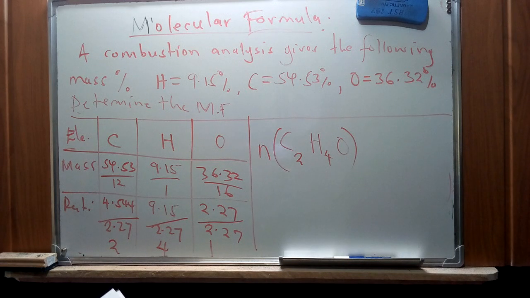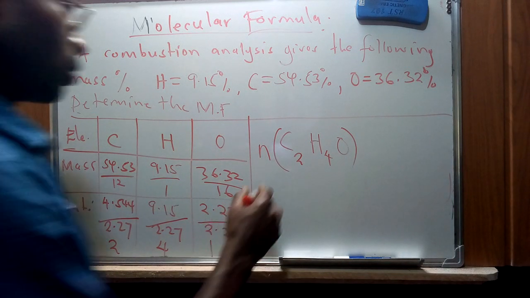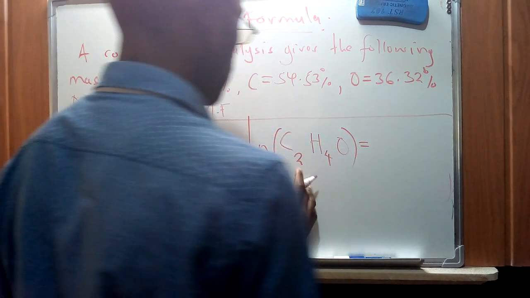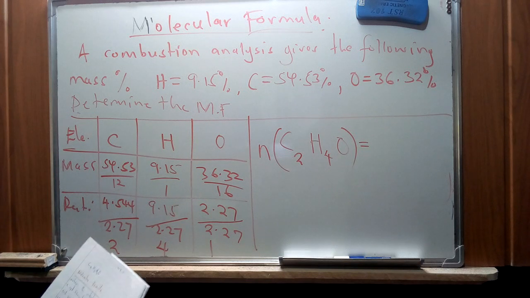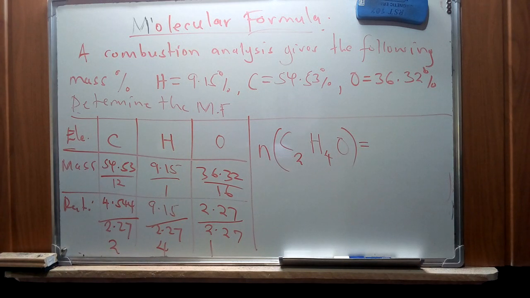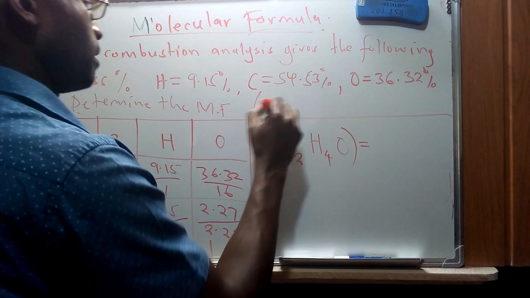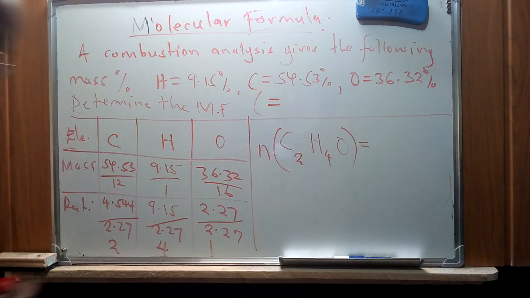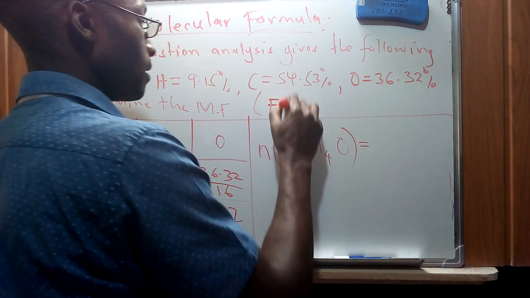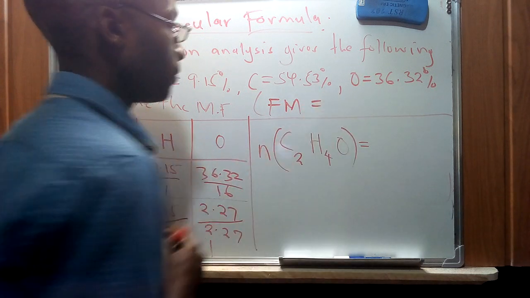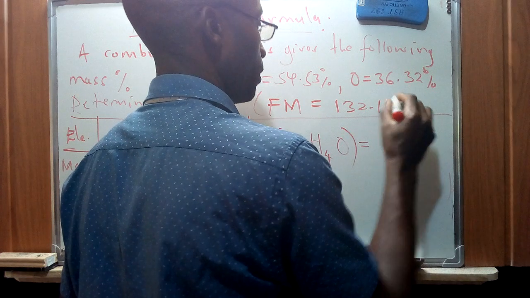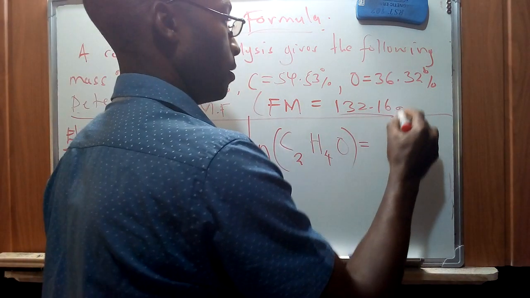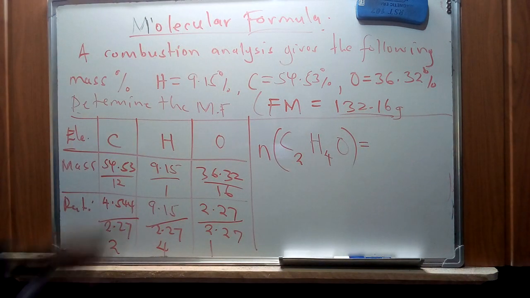So we shall have the total of the masses of these elements times n equal to the relative formula mass of that compound. Now in this case, for determining the molecular formula, there's a condition here. We have been given that the formula mass for this compound was 132.16. So this is a condition that it's essential for us now to use.